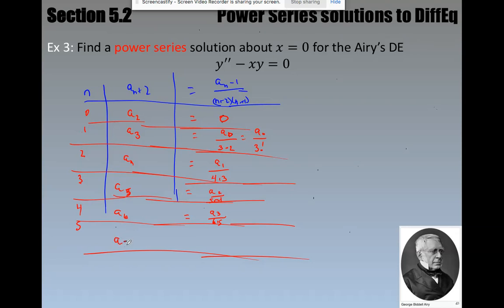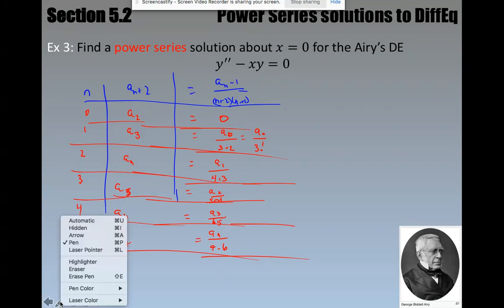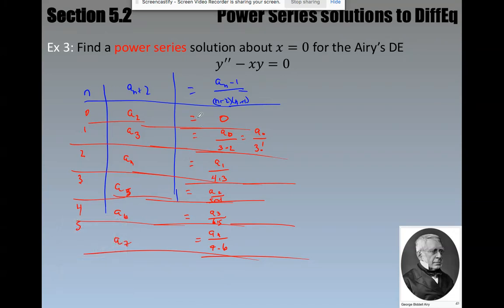And lastly, now let's go. Remember I said what you want is you want to get all of these in terms of a sub zeros and a sub 1s.